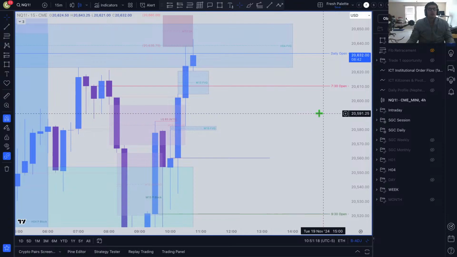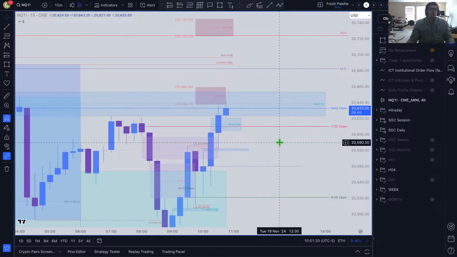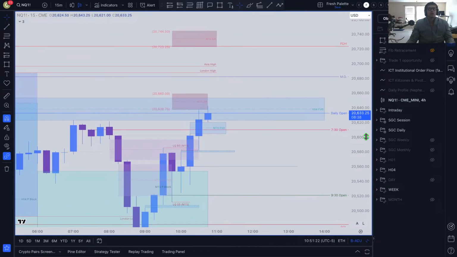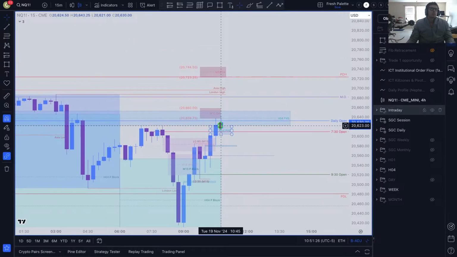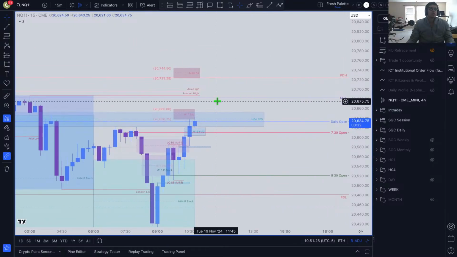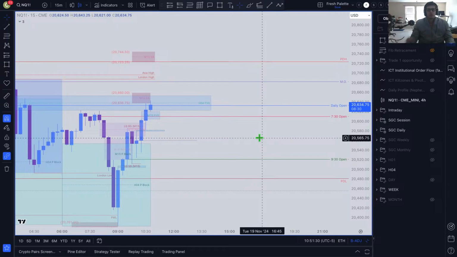But I might anticipate, especially because we just hit the first distribution area of the wick block that informed the first trade, that we might need to come back for more 15-minute liquidity.